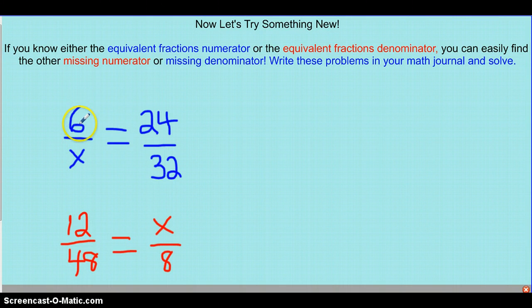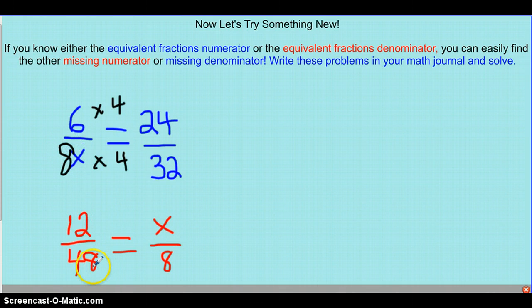Okay, the first thing I do is I look where I have both numbers. So 6 times what gives me 24? 4. So I'm going to multiply this by 4. And if I multiply the numerator by 4, I multiply the denominator by 4. So what times 4 would give me 32? So I know that it's 8.